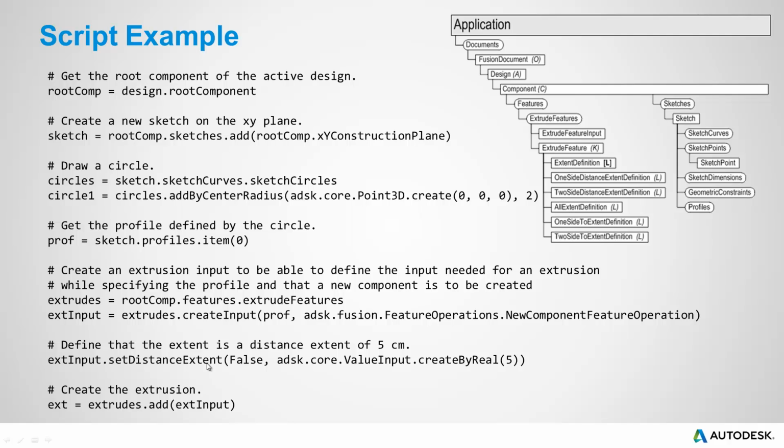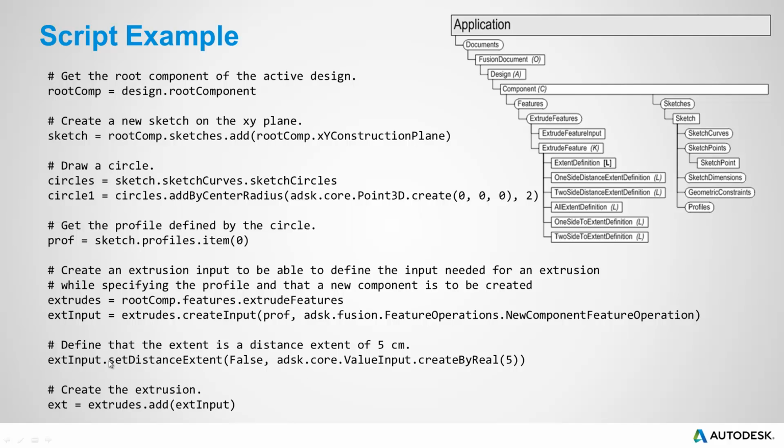This first argument says if we want to go in one direction or in two directions, and we just want to go in one direction. Then this defines a distance. I won't go into detail on this right now, we'll talk about it later in another session, but I want to go 5 centimeters in the positive direction. So now we've defined that.